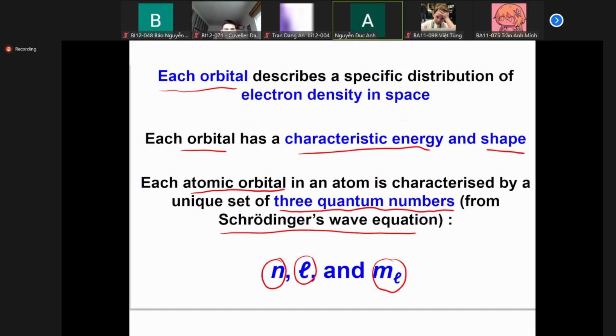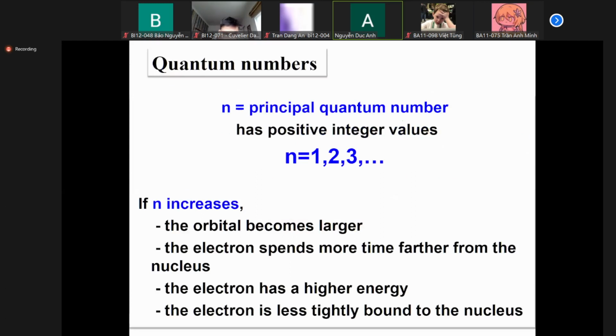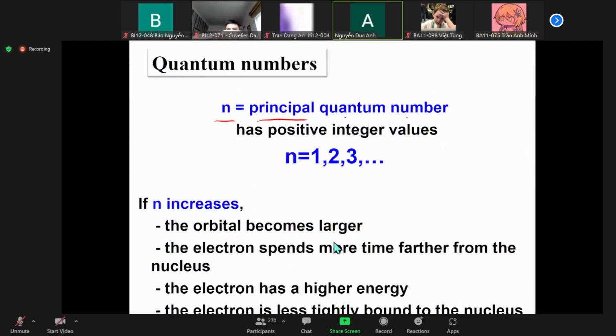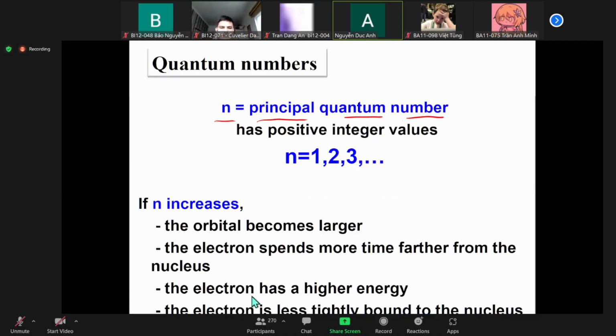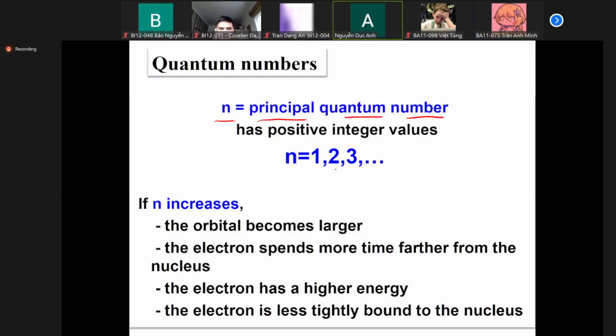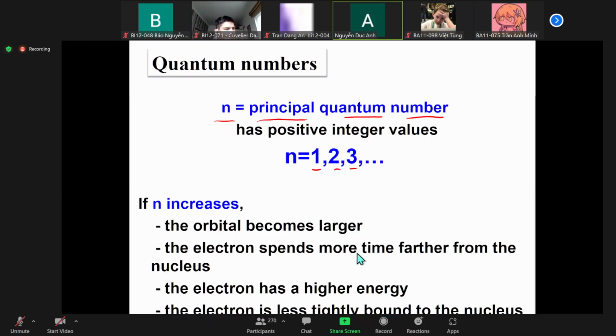So let's take a look at each of them. The first one, n, is namely the principal quantum number. This is the very first quantum number, of course, and its values are 1, 2, 3. Do you see it is familiar? Yes, it comes from the light spectrum, right?